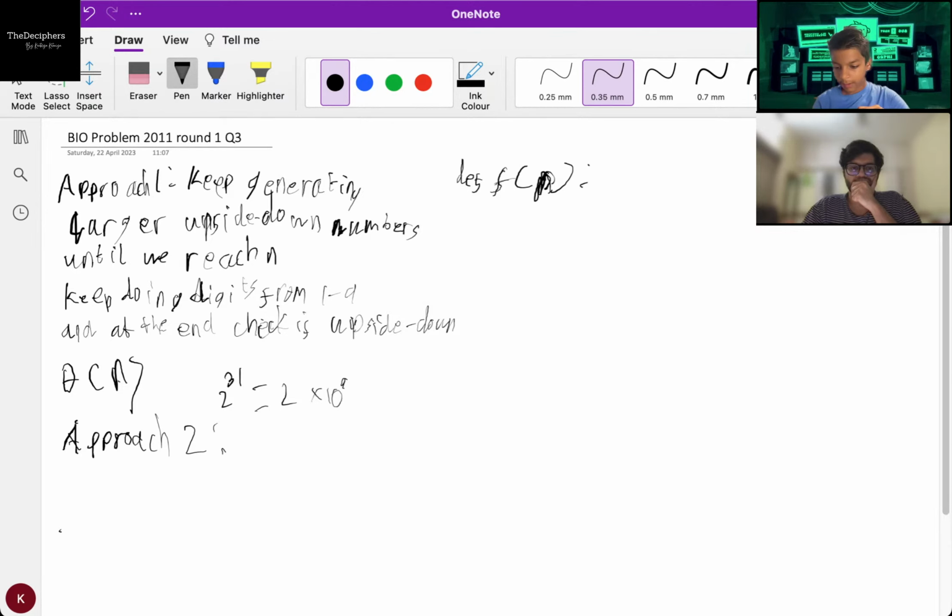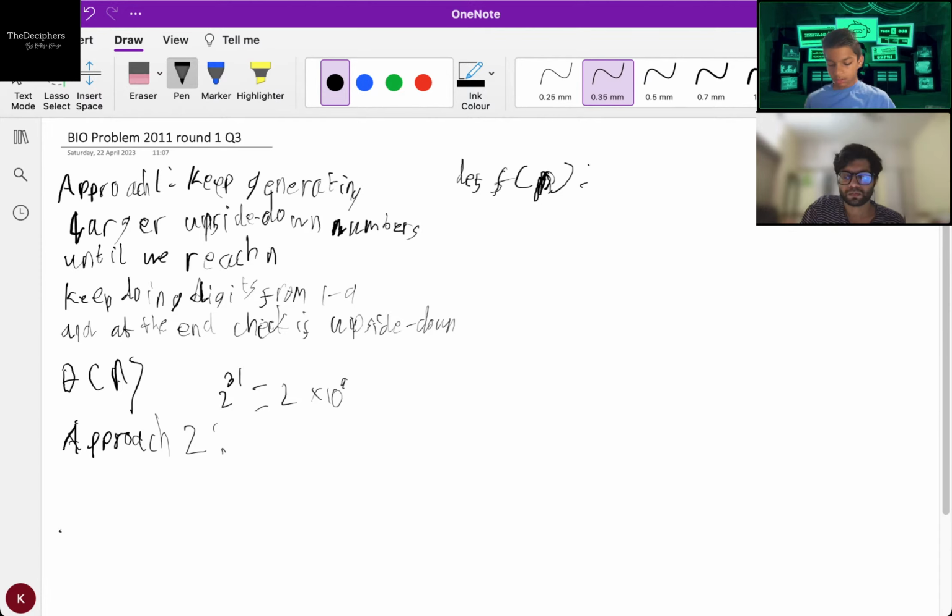What does f of n return? I think it returns the answer.